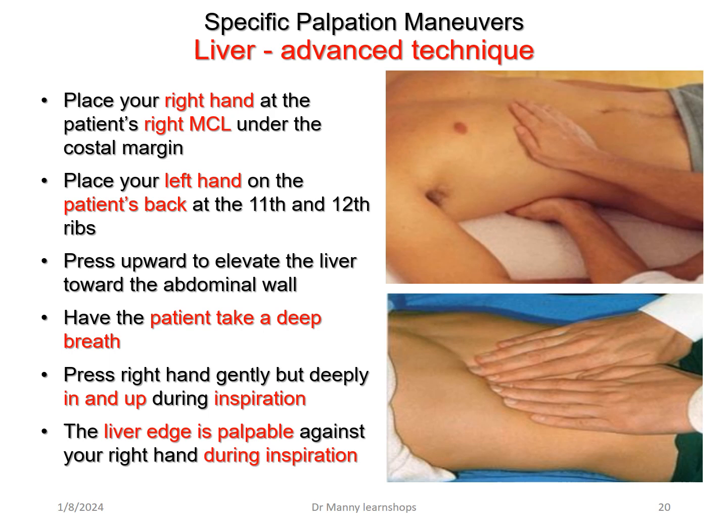You press upward to elevate the liver towards the abdominal wall and have the patient take a deep breath. When you press the right hand gently but deeply in and up during inspiration, the liver edge is palpable against your right hand during inspiration. But it's not always detectable.